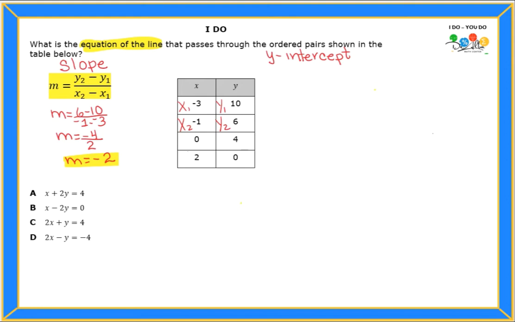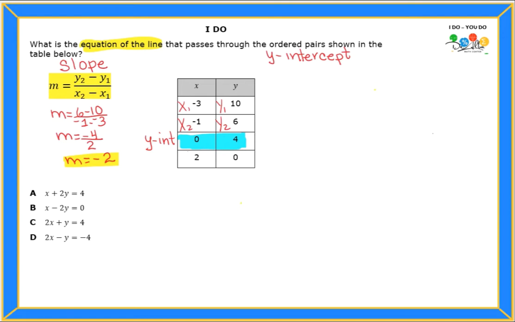All the time. So if you look at the table, there are 2 points with zeros. This point over here has 0 for x. So guess what? That point is actually my y-intercept. So my y-intercept will be 4.